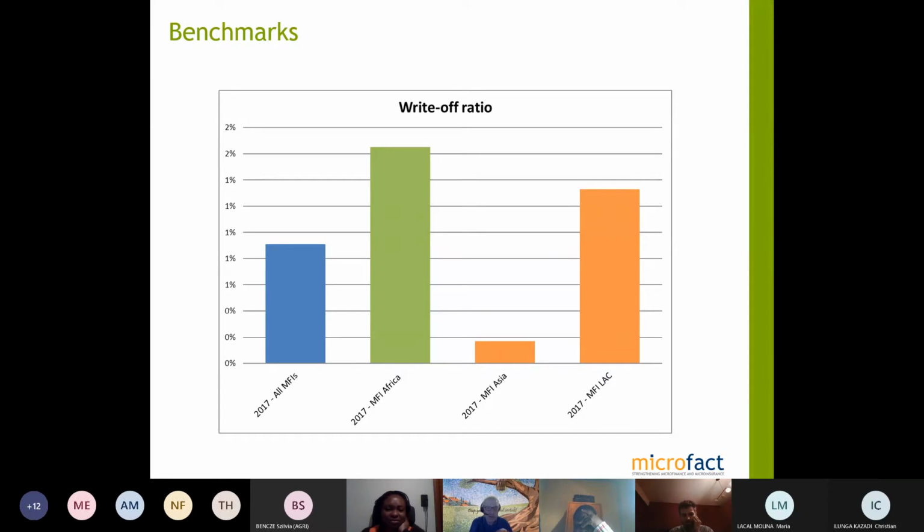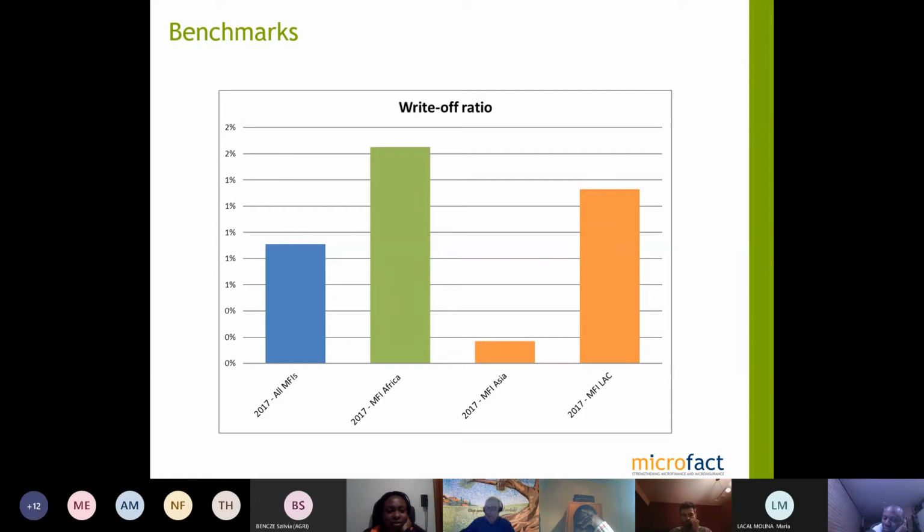That's what I say. Be careful with benchmarks. Here I see it's between 1% and 2%. You see, it's also close to Latin America. It's just that Asia did have very low risk portfolios at that time. You can look for explanations, perhaps because of more group lending systems, or just because of the sample used for creating the benchmark.